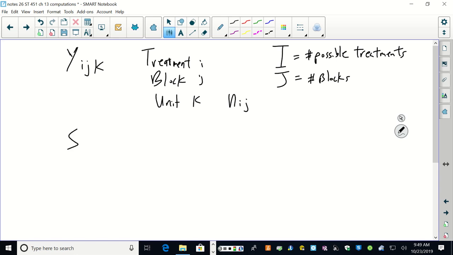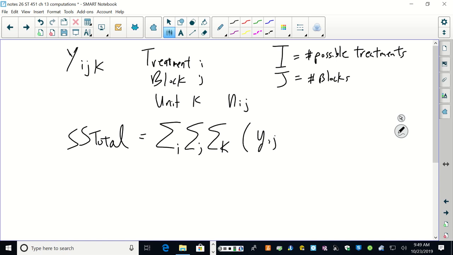And so there's a sum of squares total that we can compute in analysis of variance, and that's simply the variability of the y's around the overall mean. So it would be a sum over i, sum over j, sum over k of the (y_ijk minus an overall y bar) squared. And this overall y bar is just the sum of all the y_ijk's over the total sample size.